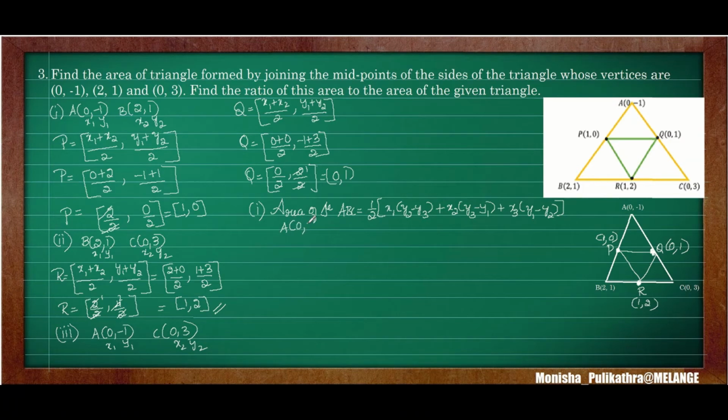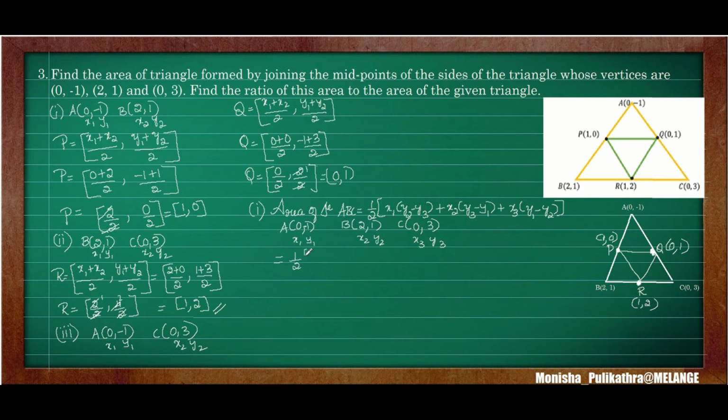We need to write A, B and C. So A is (0, -1), B is (2, 1) and C is (0, 3). So this will be x1 y1, this is x2 y2 and this is x3 y3. Fine. Next, substitute into that formula.